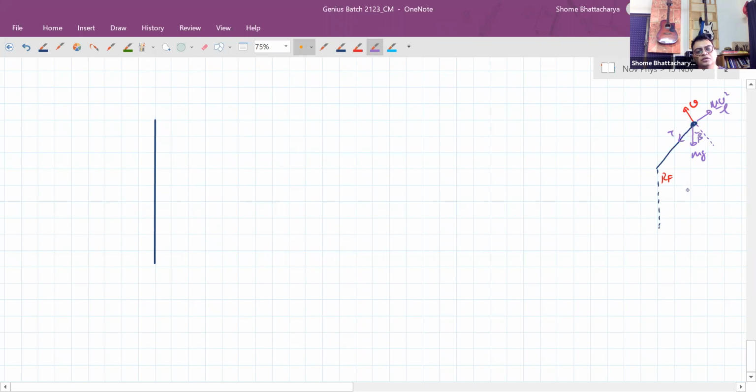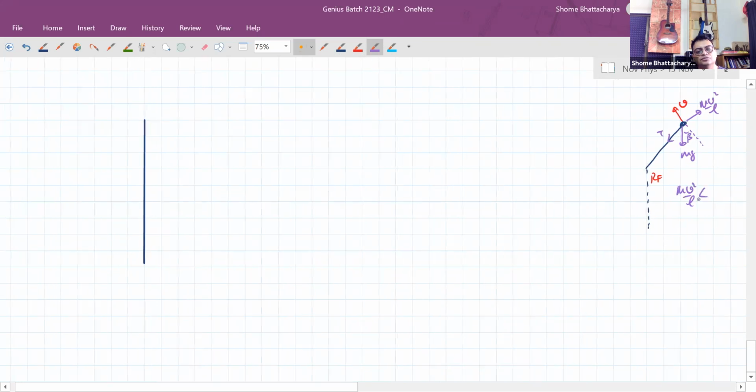So if mv square by L becomes less than or equal to mg cos beta, then the thread slacks. Tension has become zero.